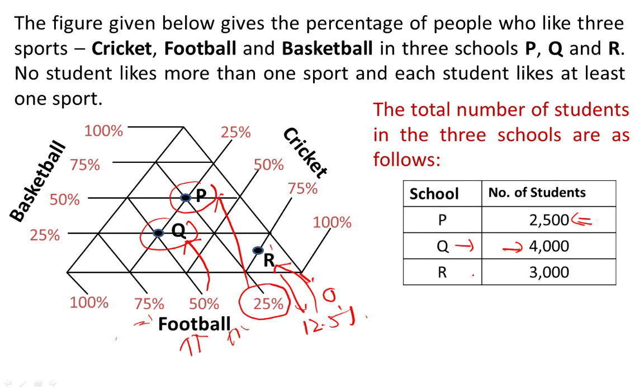So school R, 3000 students, 12.5% of it likes football. Now you understood how to read this percentage. So I will leave this basketball for you. You try this. Now we will move on to the question.